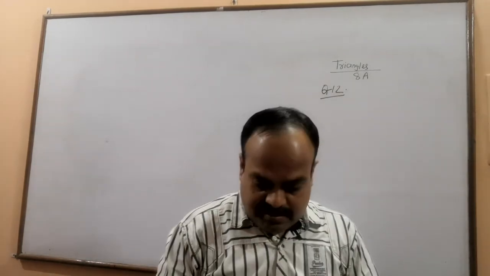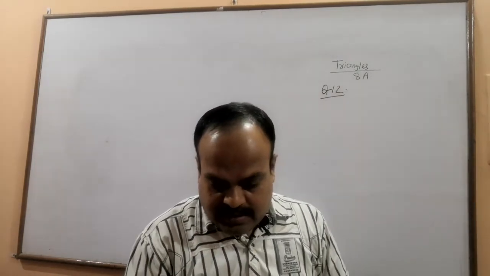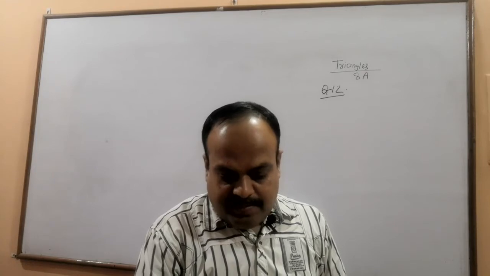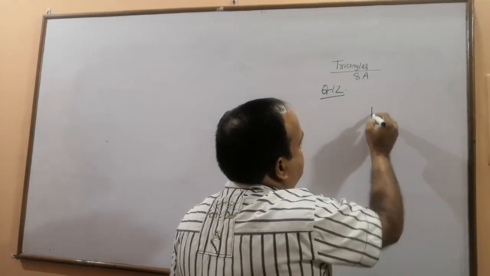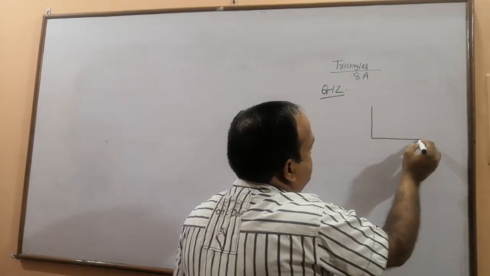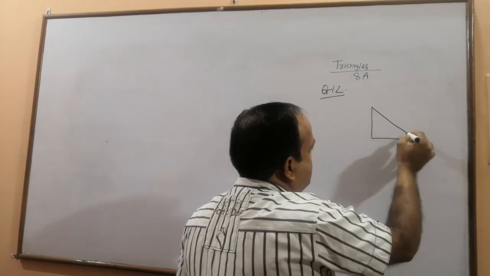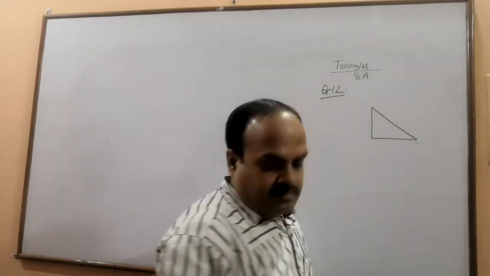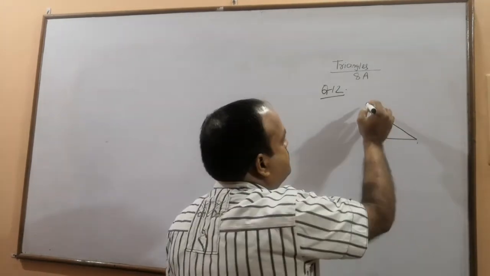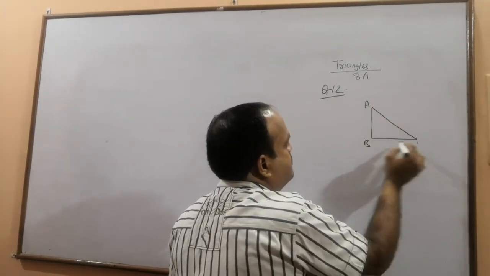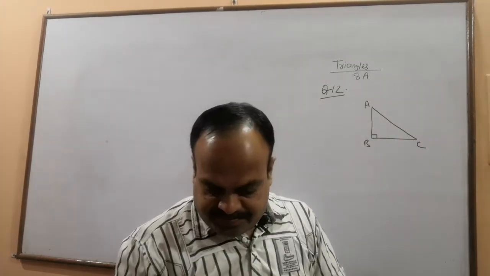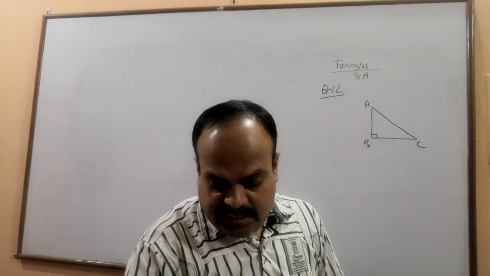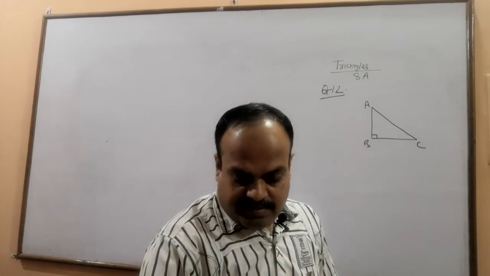We have a triangle ABC right angled at B. Right angled at B. ACDE and BCGF are squares.